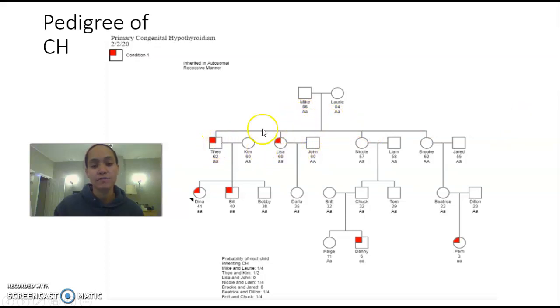And so they have two children. This was the one I made. So they have two children who have homozygous genotypes, so little a, and that means they are afflicted by CH. Whereas they have two kids, one who is heterozygous and one who's actually homozygous dominant, that do not have the CH disease.